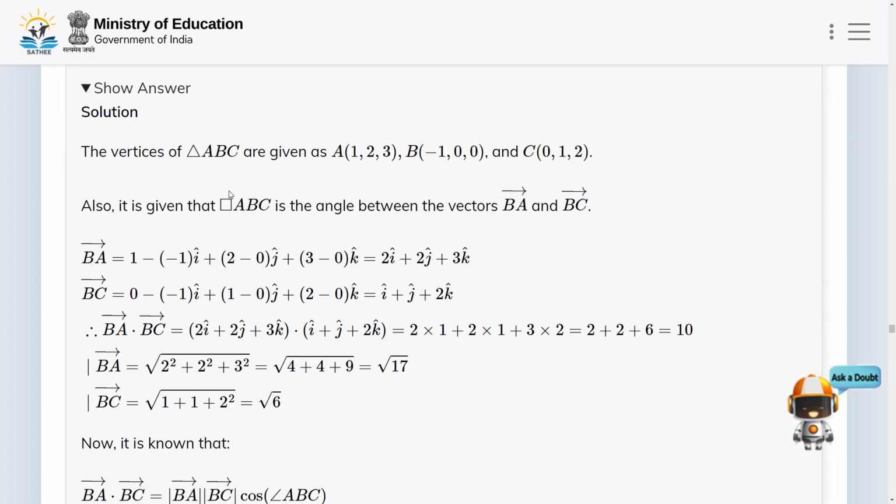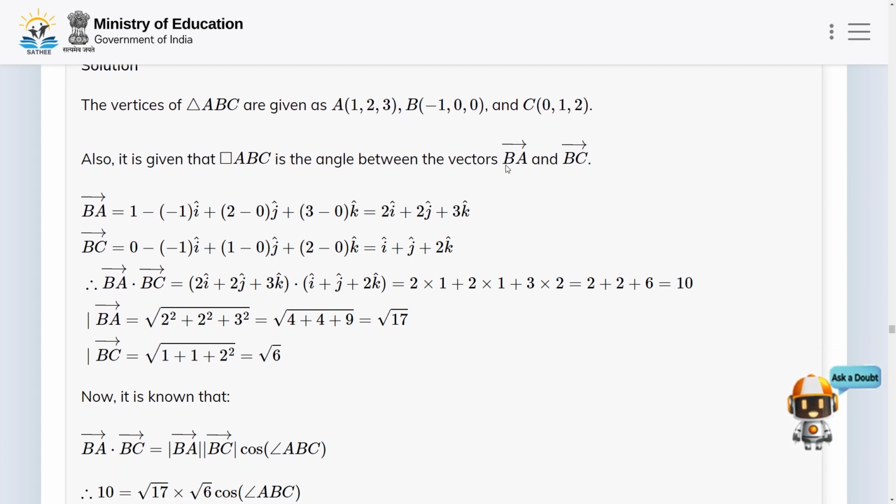So BA will be what? Coordinates of A minus the corresponding coordinates of B. This means minus 1 i hat, 0 minus 2 j hat, 0 minus 3 k hat. This gives you 2 i hat plus 2 j hat plus 3 k hat for the BA vector.